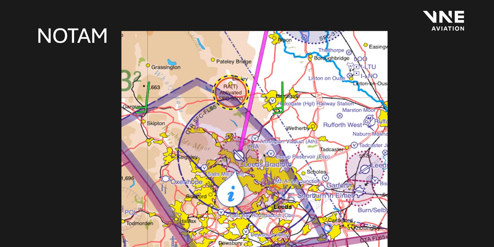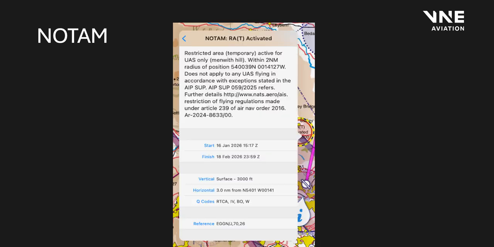In reality, we'd probably be going out via Ekup, or Harrogate, so we would be giving it a wider berth, but we can see that it's there and potentially relevant to us. If we click on it, it will expand and give us more information. If we read it, it's a temporary restricted area, but it's for UAS only, so it's for drones only. So something that's not going to affect us, but it gives us additional details.